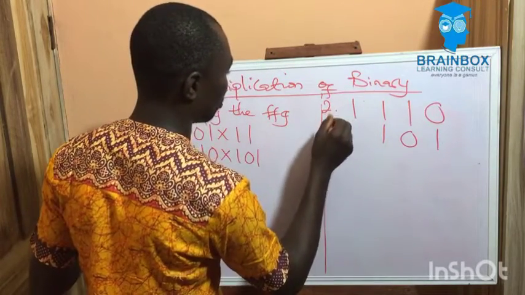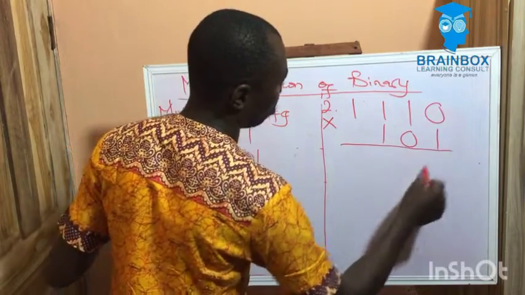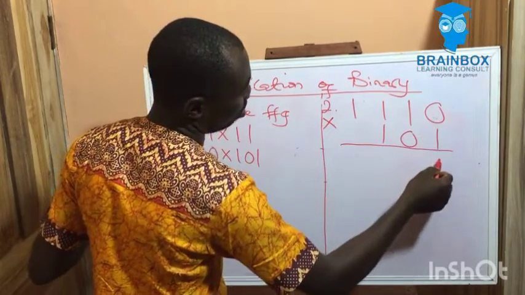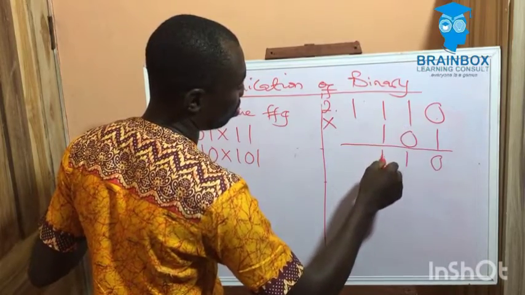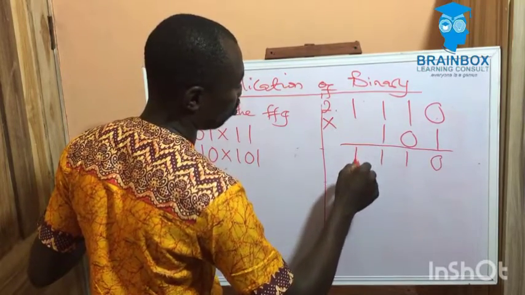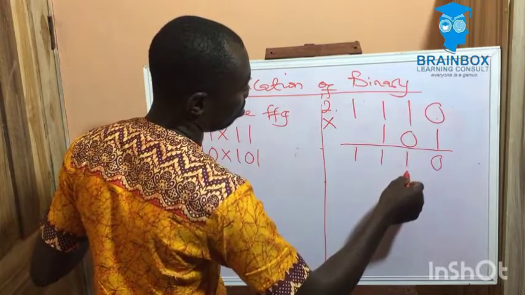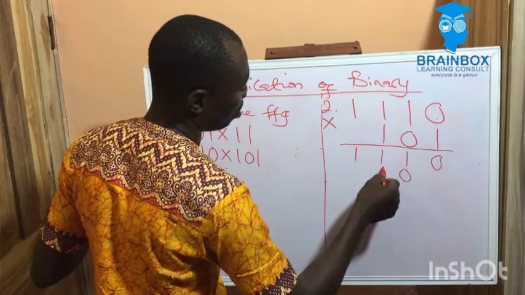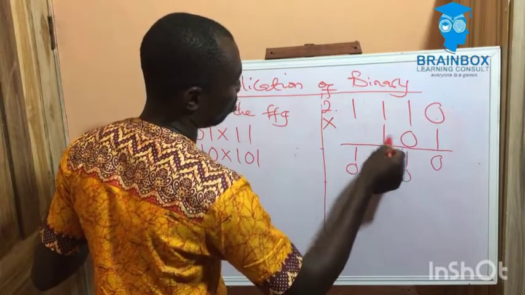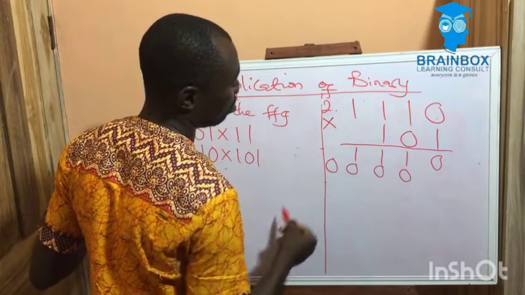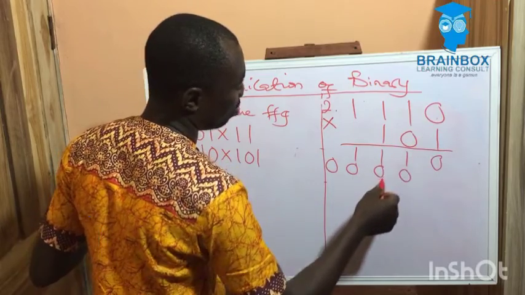So we're multiplying that. 1 times 0, that's 0. 1 times 1, that's 1. 1 times 1, that's 1. 1 times 1, 1. 1 times 0, 0. 0 times 1, 0. 0 times 1, 0. 1 times 0 is 0.